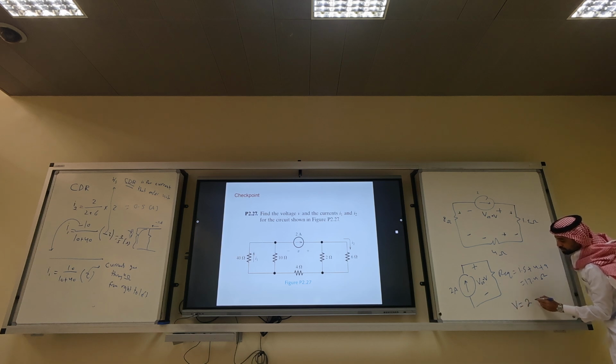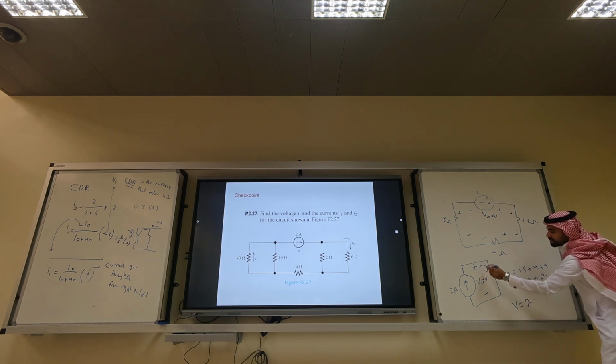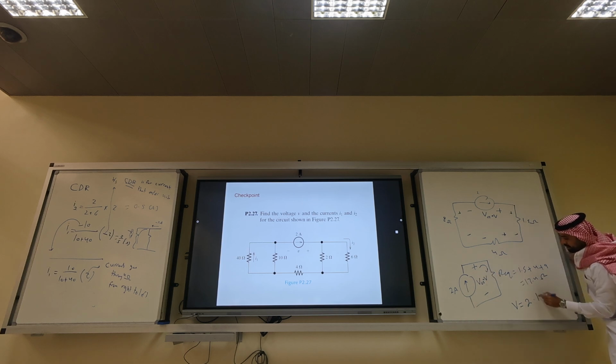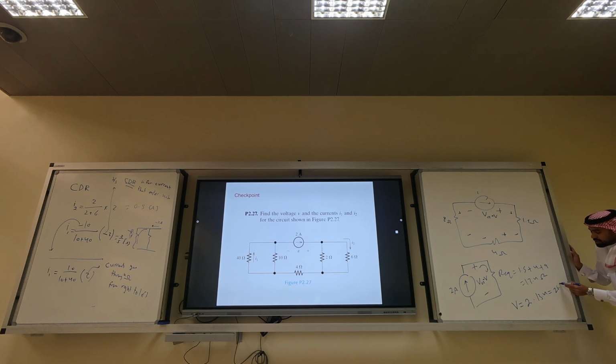The current that goes here is 2 amps, times 13.5, and you do the math. What's the answer? 26.8. Oh, but it's 13.5, not 13.4. Whatever. Doesn't matter. 27.